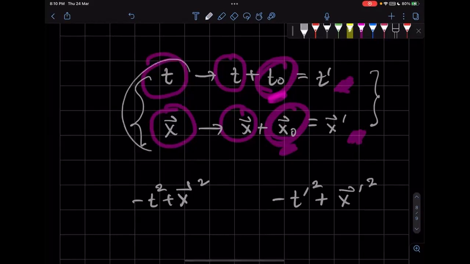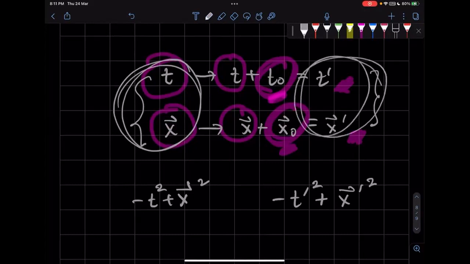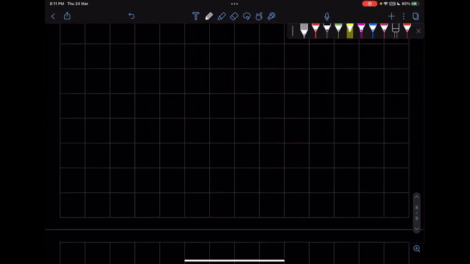So this is mapping a point in Minkowski space to another point in Minkowski space. Right, so let's take an example.